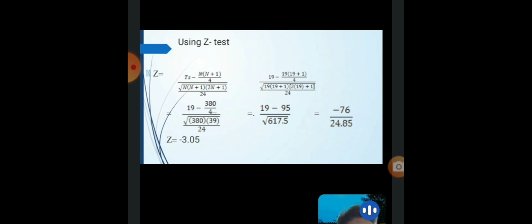Ayan po. 19 minus 19 times 19 plus 1 divided by 4. Ngayon po, then the square root of 19 times 19 plus 1 times 2 times 19 plus 1 divided by 24.